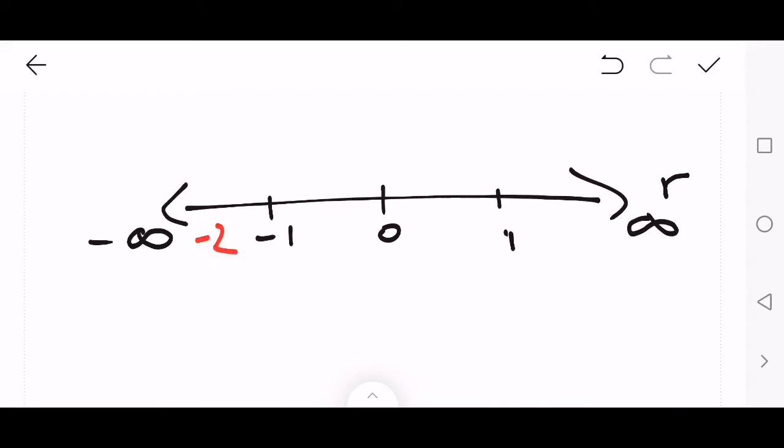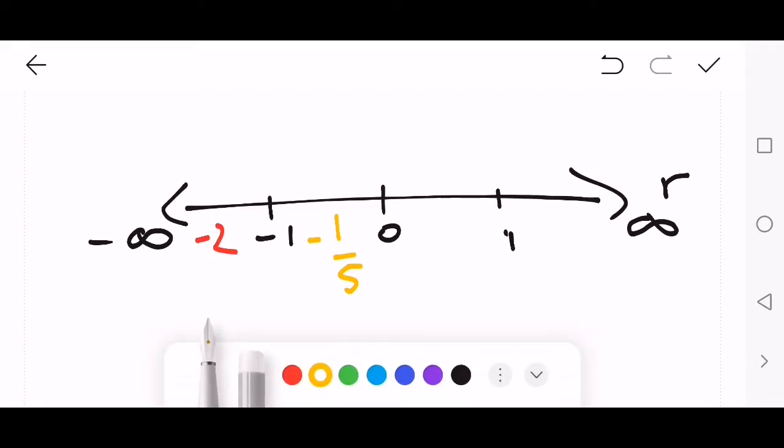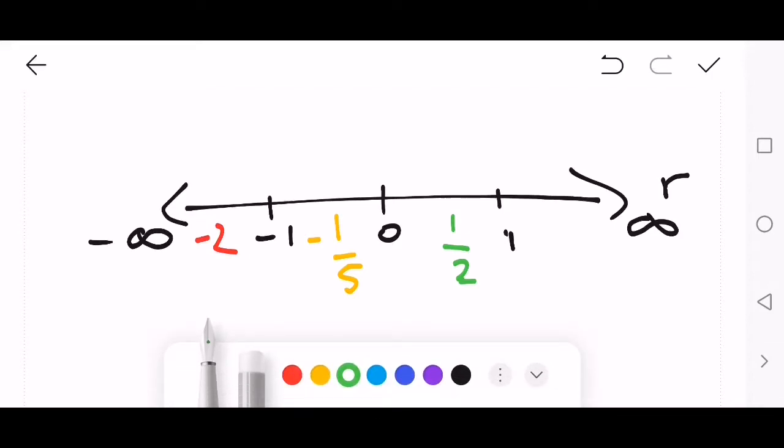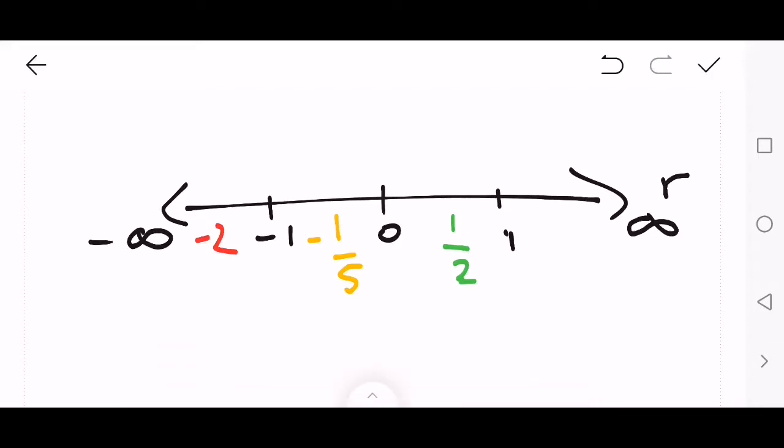A number between minus 1 and 0, and that will be minus 1 over 5. A number between 0 and 1, and that will be a half. We're just choosing any number. A number between 1 and infinity, that would be 3.